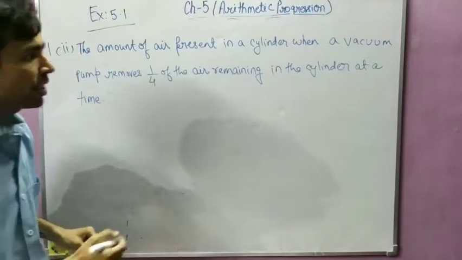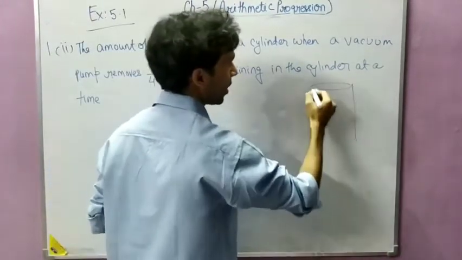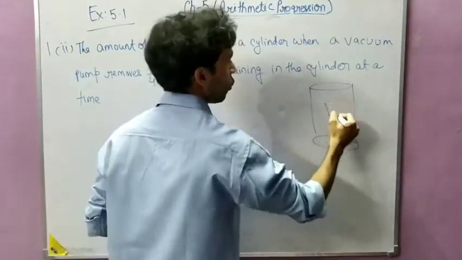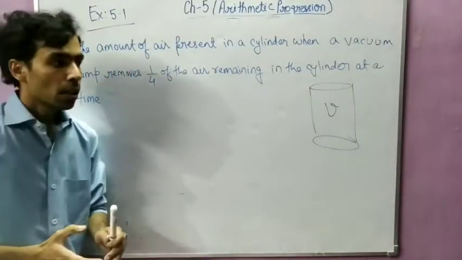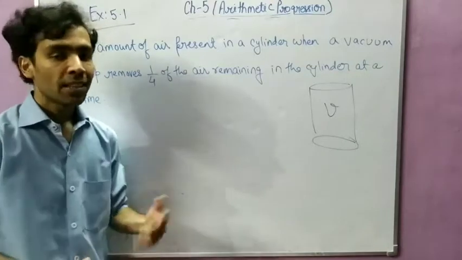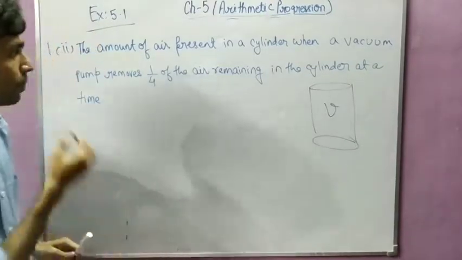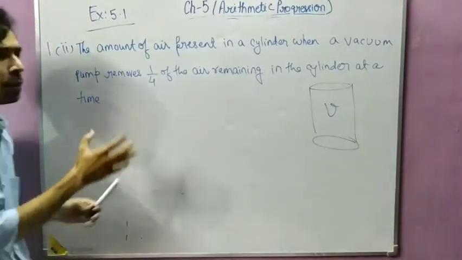Suppose there is a cylinder, and its volume is V. The amount of air means volume.